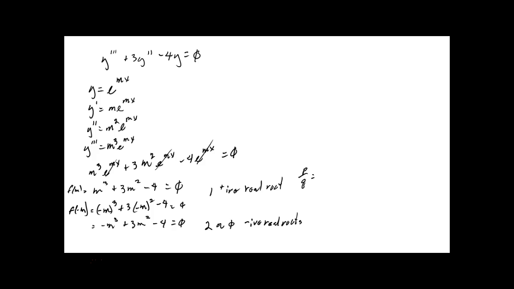That would be plus or minus 1, plus or minus 2, and plus or minus 4. And your Q is all the possible factors of your leading coefficient. Well, that's only plus or minus 1, so that's a plus or minus 1 in the denominator.